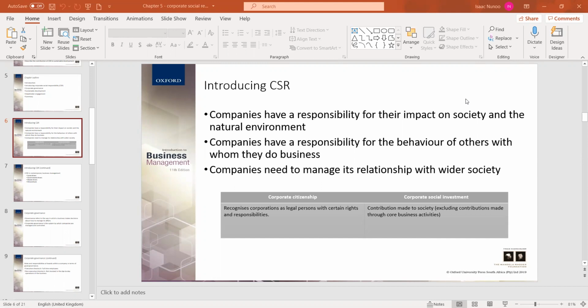Just because we are asking a company to be responsible for its impact on society, sometimes there are certain laws that ask companies to take a certain amount of responsibility to society.